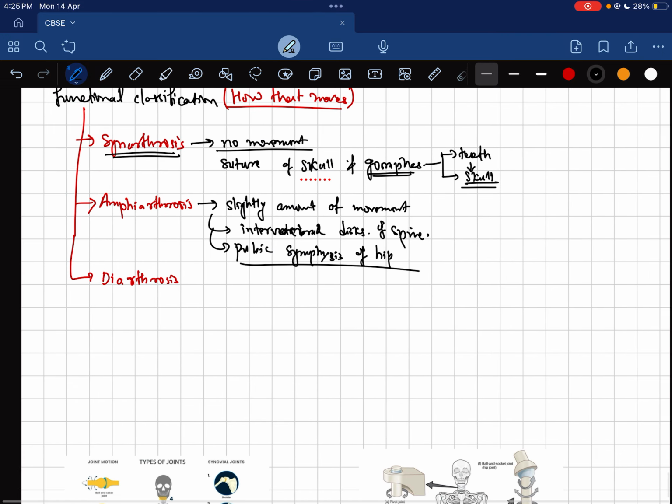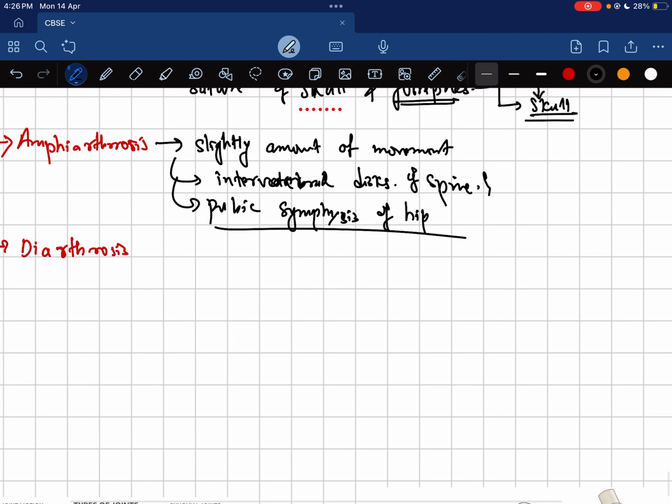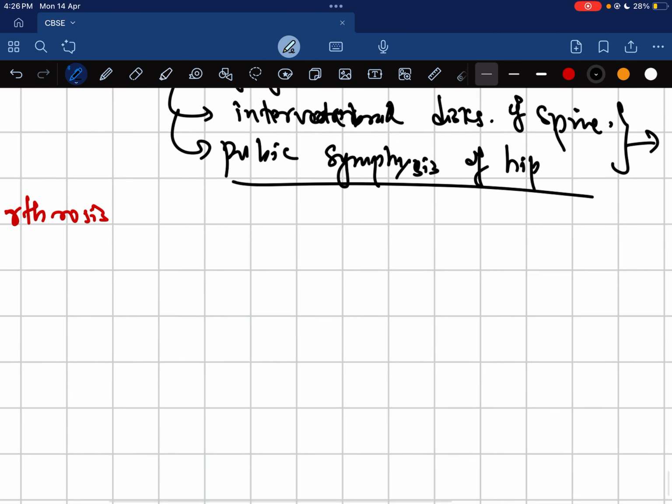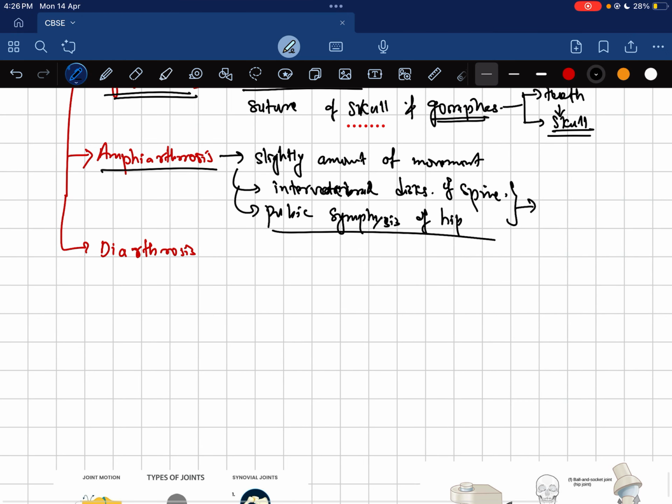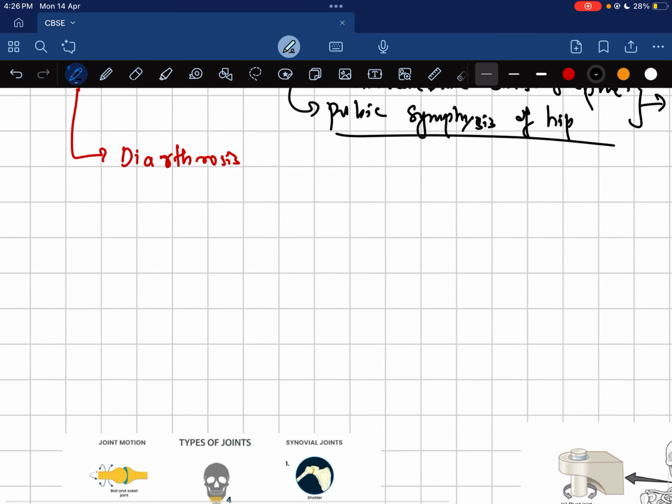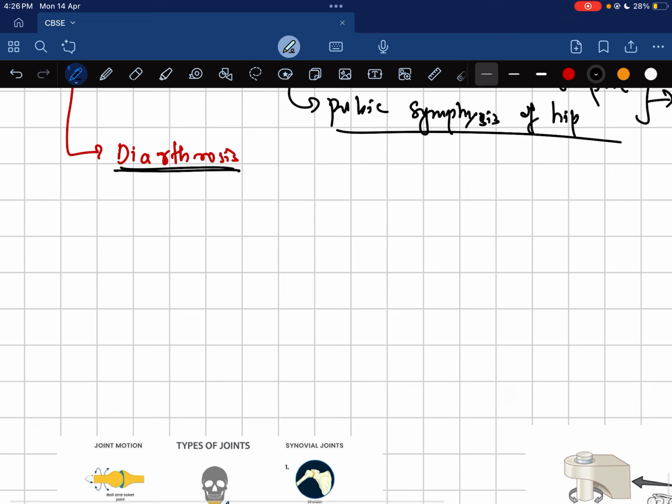This type has a slight, certain amount of movement, and it is called amphiarthrosis. Then there is diarthrosis.